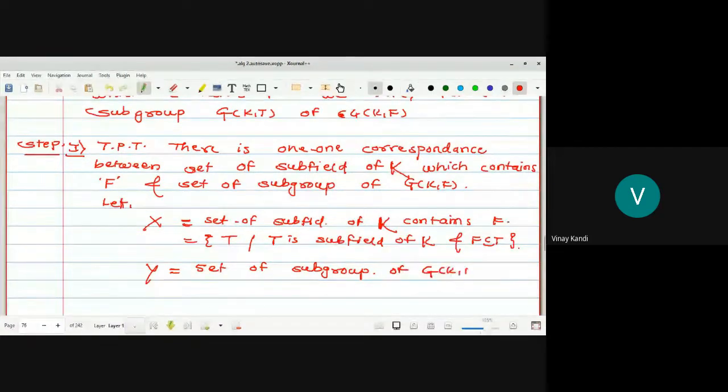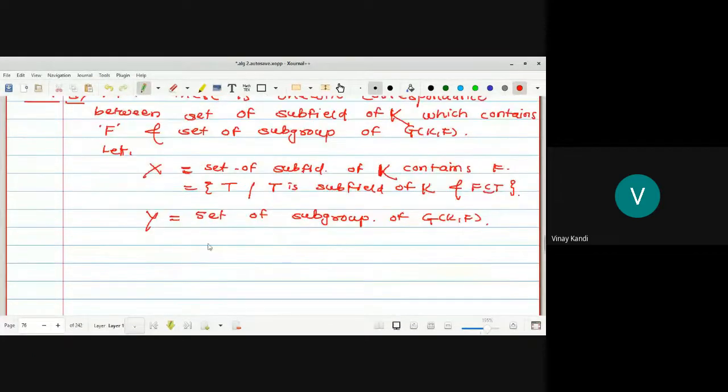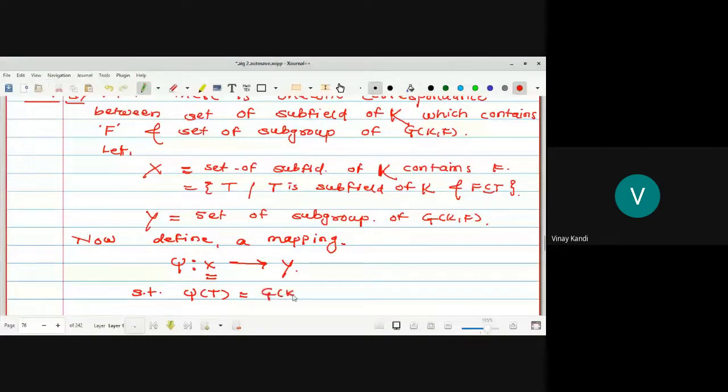Now define a mapping psi from X to Y such that psi of T. In this, there will be all the subfields which contain it, that is T. In this there will be the set of subgroups of GKF. Okay, now the subgroups will be H equal to GKT, and the mapping psi of T is equal to GKT.